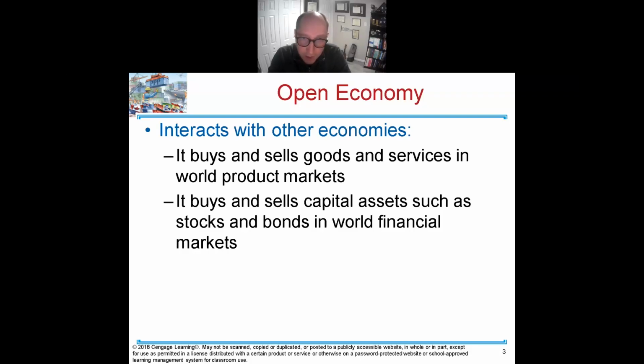The United States exports wheat and other produce to other countries because we're very good at farming, right? So this is an example of the exchange of goods and services around the world.